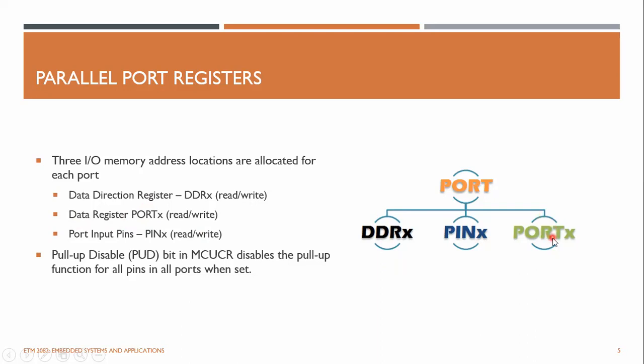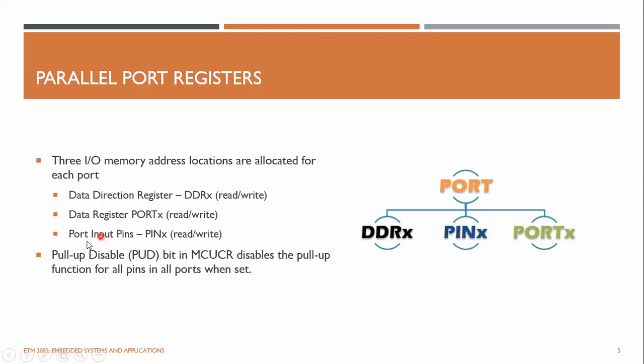So when you set it as an output, you can write to it to push the current or sink the current, right? For example, if you want to drive an LED, you can just write it as 1, so the LED will be driven. If you want to sink the current to the port, you can write it as 0.